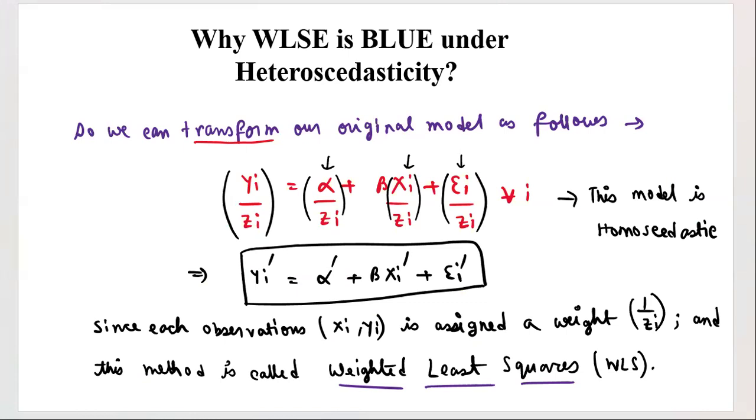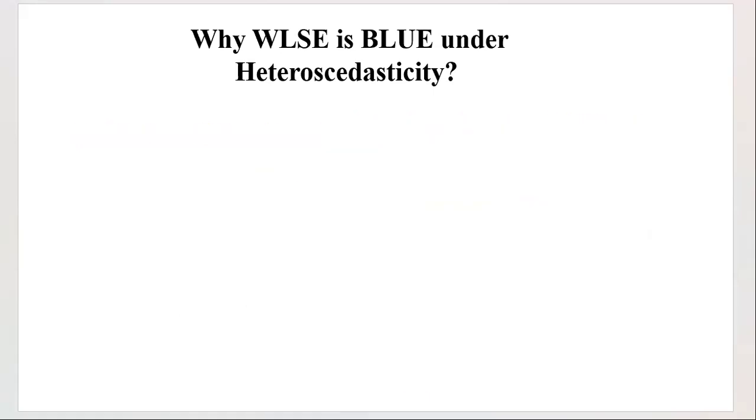Now, what we will do next is that we will use this transformed model to show that the WLSE estimator, the estimate that you find from this model, basically this beta cap or beta curl that you will find out from this model, will be the BLUE estimator of beta, and that is the proof that we are going to do now. Let's see how to show this.